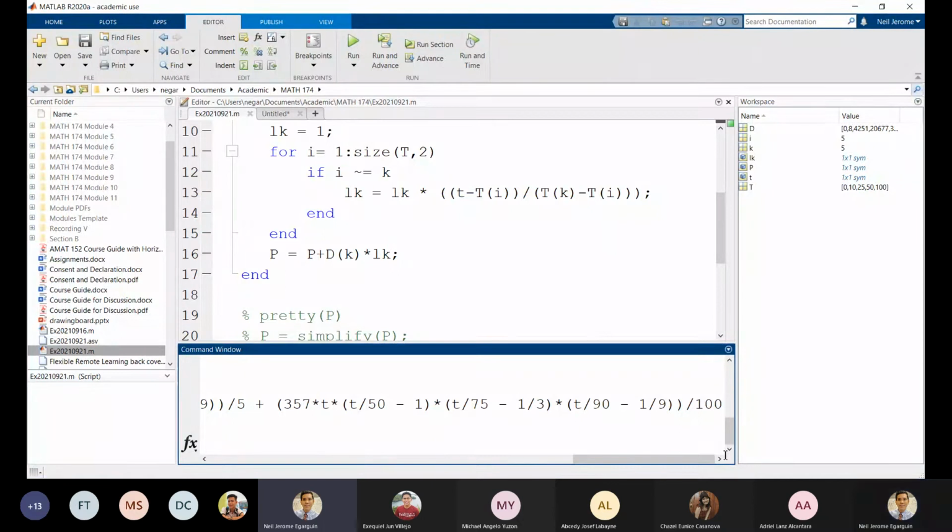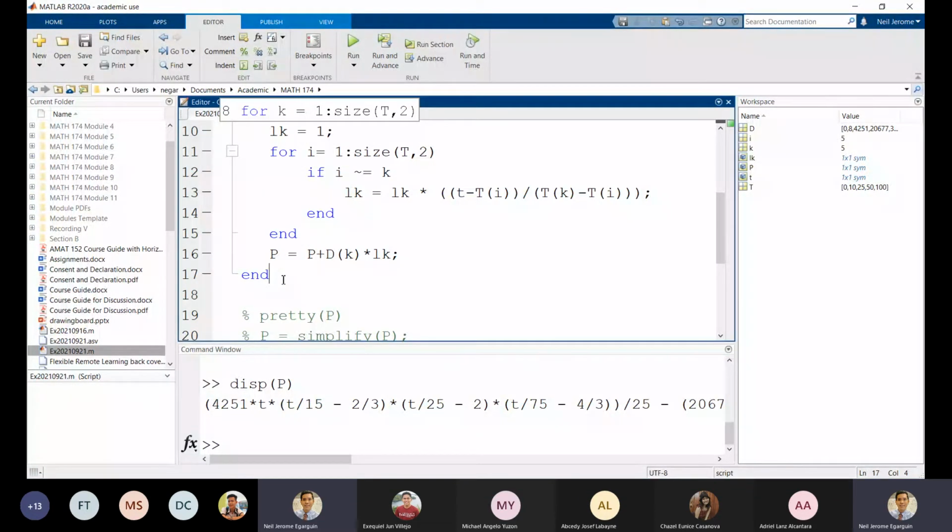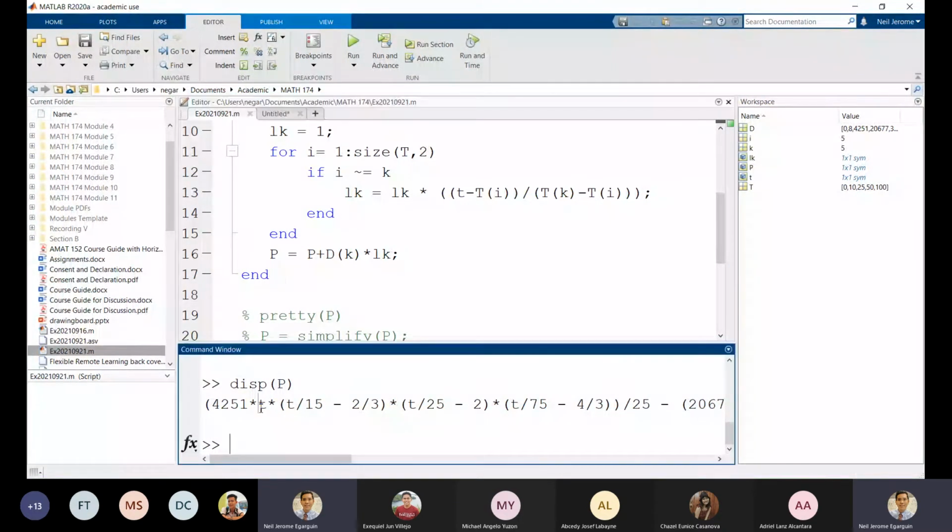Okay. Another way to display the value of a certain variable, pwedeng sulat nyo ay disp and then the variable to be displayed. So ipapakita niya rin yun. Either you put it on the command window or you put it as part of your working file. Okay? Kaya lang mahirap kopyahin to, no? So kung napakahaba ng expression, di pa siya naka-fraction form. One way to output any symbolic function in MATLAB is to use the command pretty.